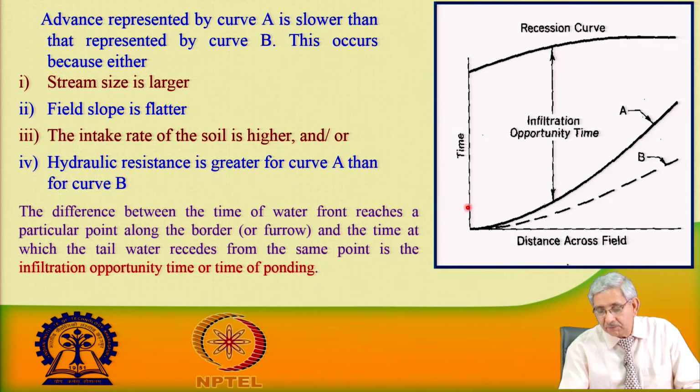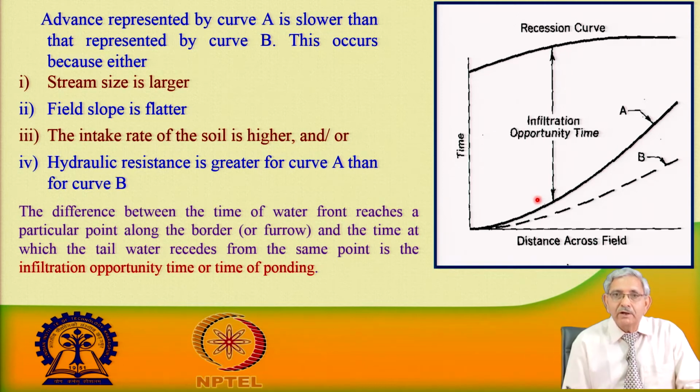It could be a few minutes here when it has reached there, and then when the irrigation stream is cut off, it starts receding. Say this is T1 and this is T2. T2 minus T1 is the time available for the irrigation stream to infiltrate, and this is the infiltration opportunity time.